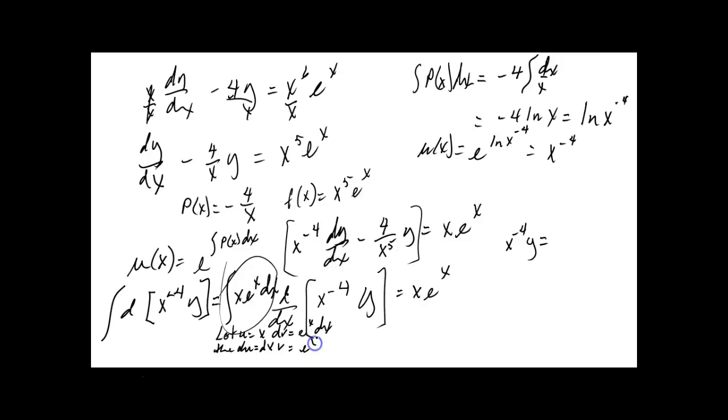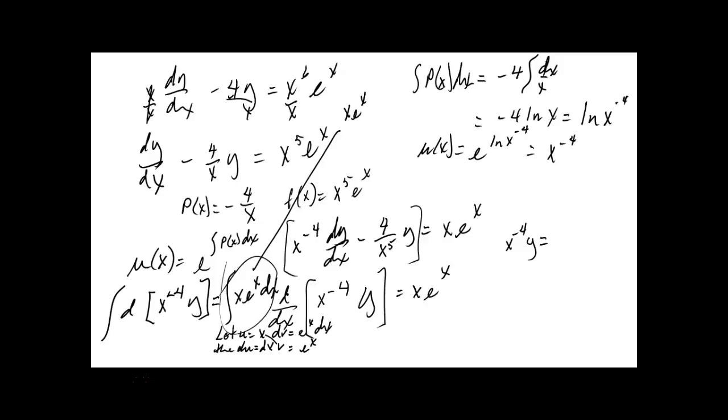And then integrate the dv, and what do you get? E to the x. Now what do you do with that integration by parts? You multiply the u times the v, so this integral here is going to be x e to the x.